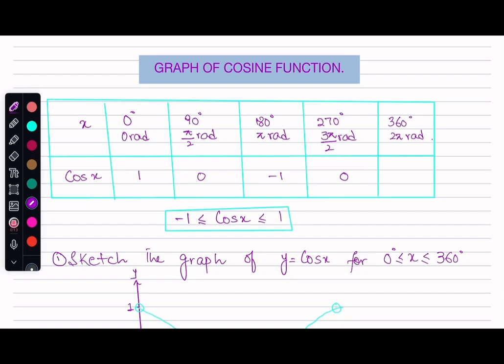And in this video, we shall be doing graphs of cosine function. To sketch the graphs of cosine function, the thing that we should be knowing are the values on the coordinate axes.